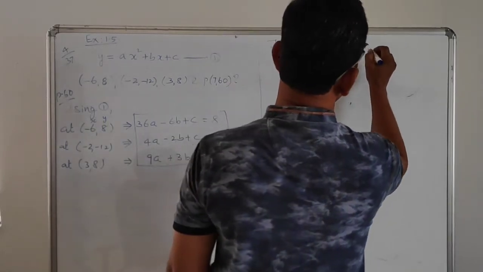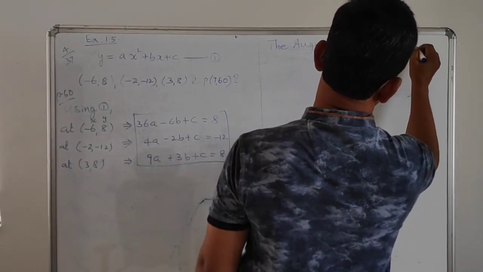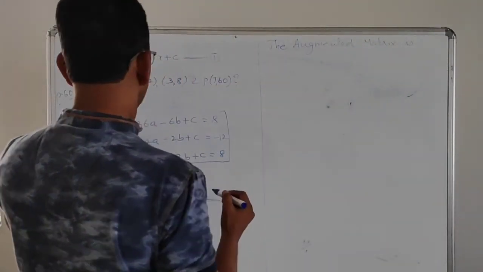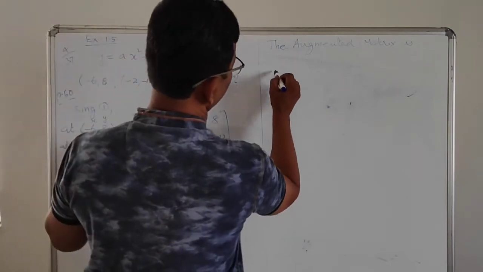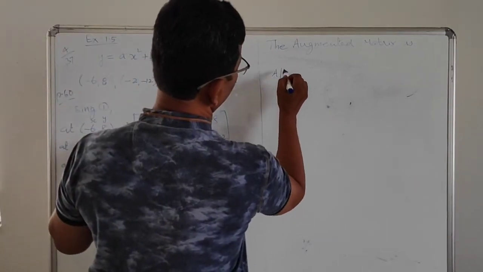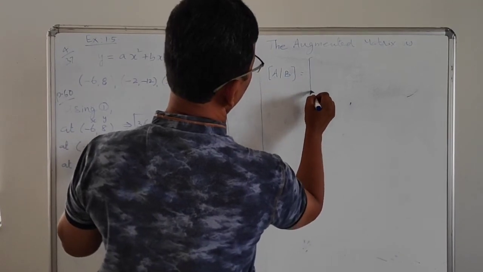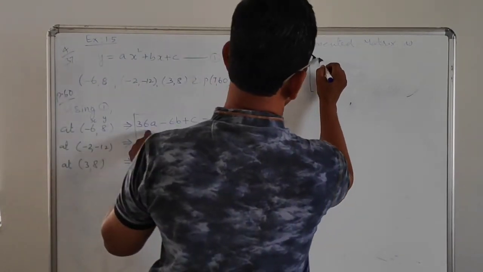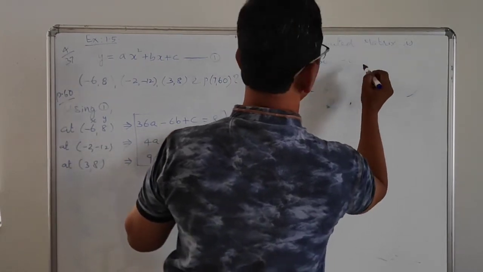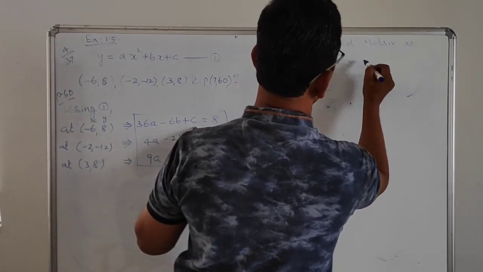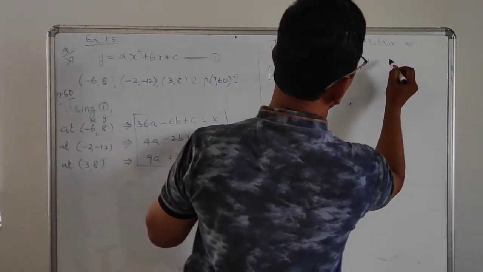The augmented matrix is, here the variables are a, b, c. Just to attach them, you can get a, b, c. This is augmented matrix which is equal to first row 36, then minus 6, then 1, then you can write 8.